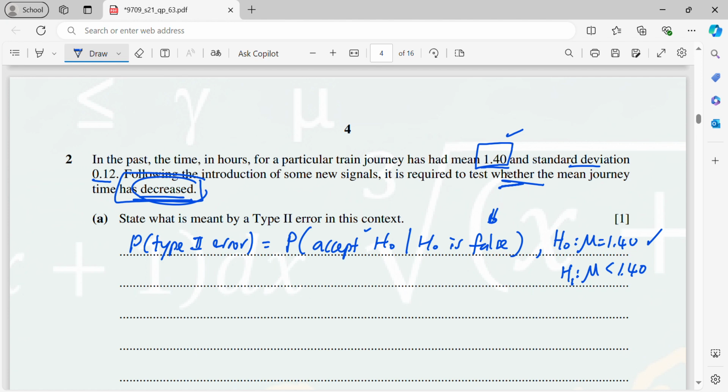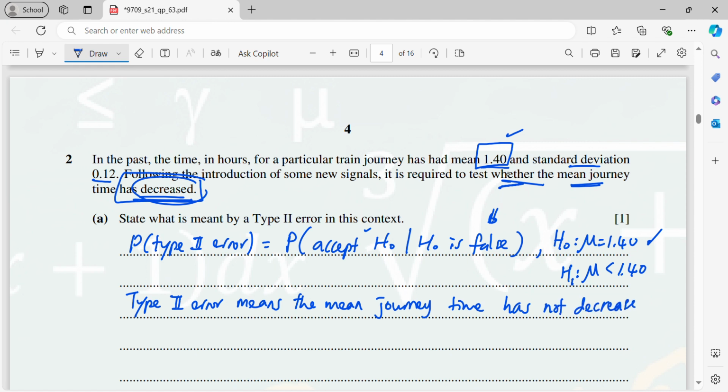So my interpretation in this question is that a type 2 error means the mean journey time has not decreased, because we accept H0. So mu remains at 1.40. So has not decreased.